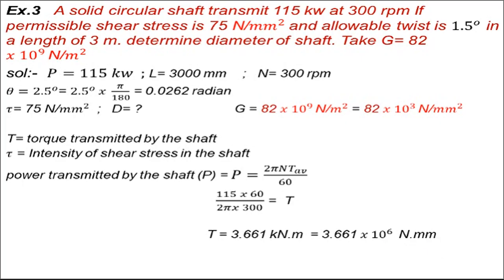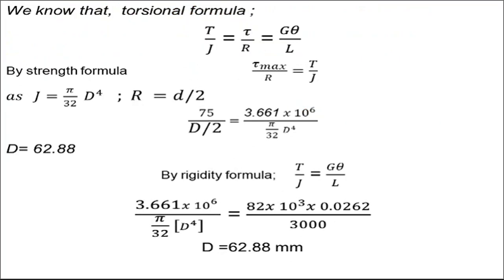We know the torsion formula, the basic torsion equation: T upon J is equal to tau upon R is equal to G theta divided by L. So we use this strength formula, tau max divided by R is equal to T upon J. We already know the polar moment of inertia is pi by 32 d raised to 4, and the radius is the diameter divided by 2.